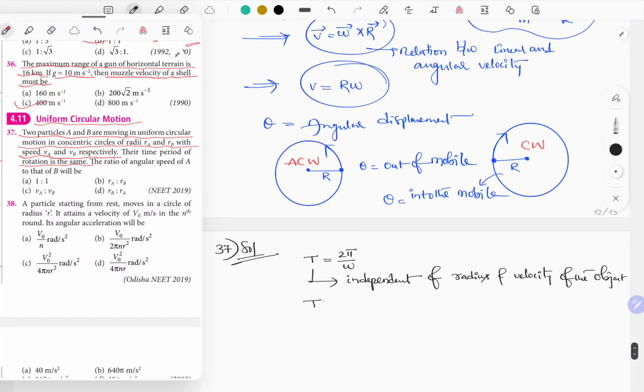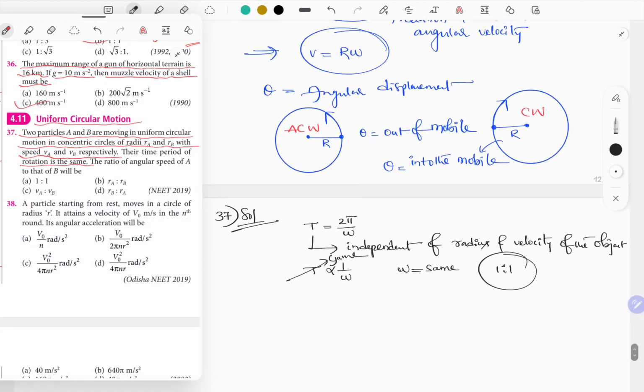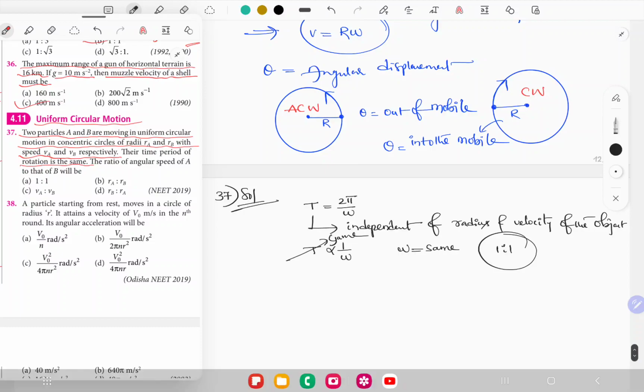So you can write T is inversely proportional to omega. As T is the same in both cases, omega is also the same, and the ratio is going to be 1:1. That's all. Previous question, option A is correct. Next, a particle starting from rest moves in a circle of radius smaller.